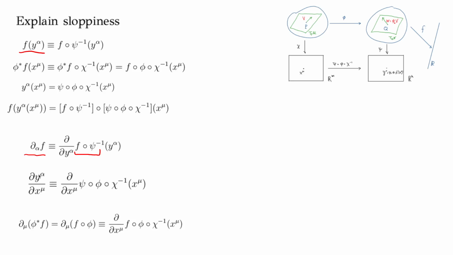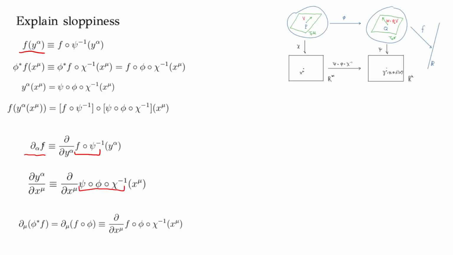Then it is useful to consider the derivatives of y with respect to x. In order to do that, I have to have y as a function of x. And in order to do that, I have to use this composition of those three maps to construct this function, and then I can differentiate with respect to x.